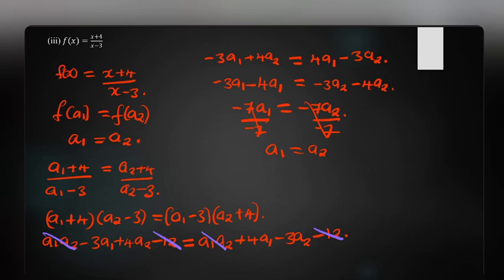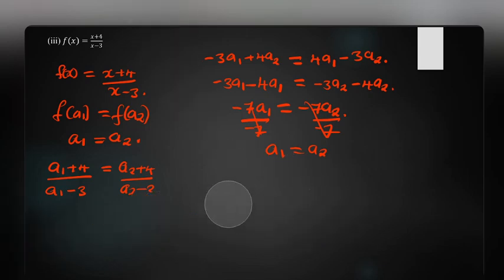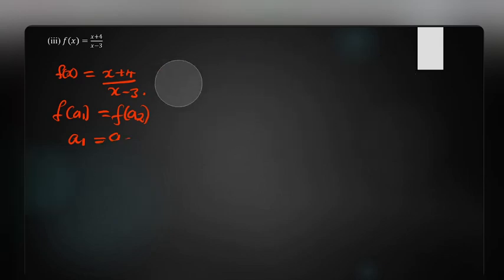So now, since we know that this is a one-to-one function, how then do we find the inverse of this function? Remember from what I said, just let f of x be y. So y becomes x plus 4 over x minus 3. So from here you do cross multiplication. Remember, whenever you're finding the inverse, you are just making x the subject of the formula.